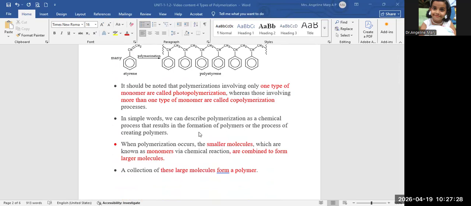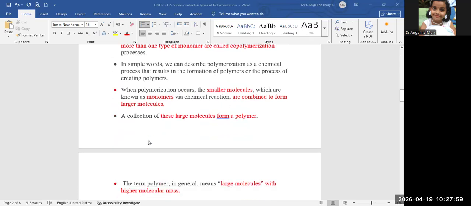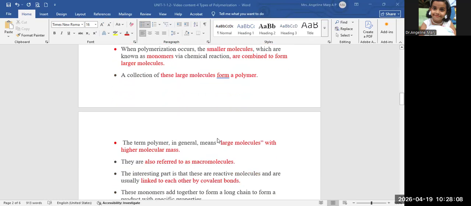When polymerization occurs, the smaller molecules, which are known as monomers, are combined via chemical reactions to form large molecules. A collection of these larger molecules forms a polymer.